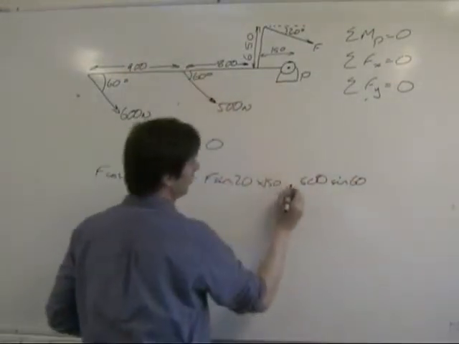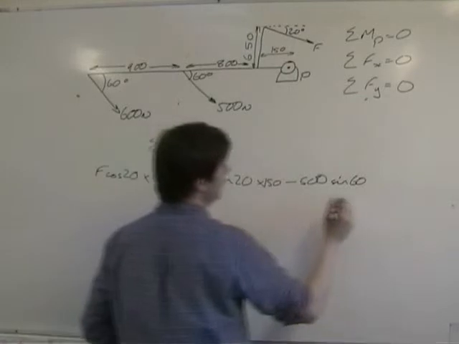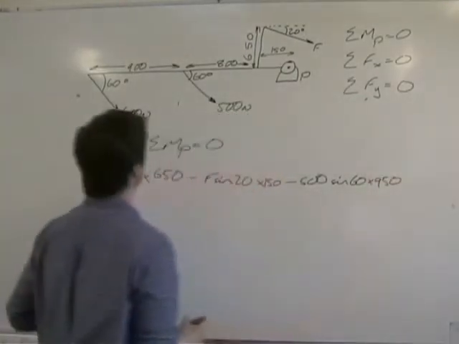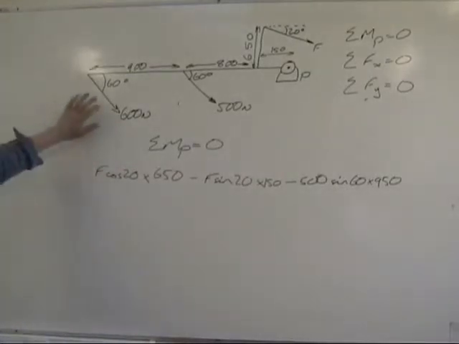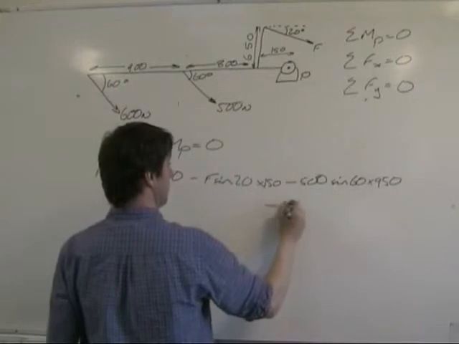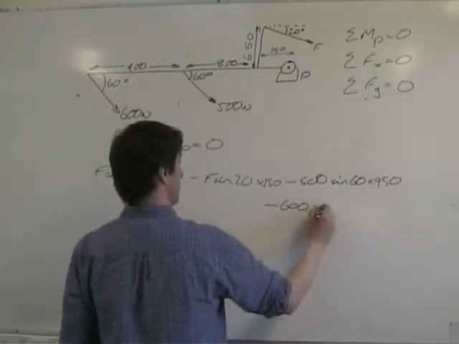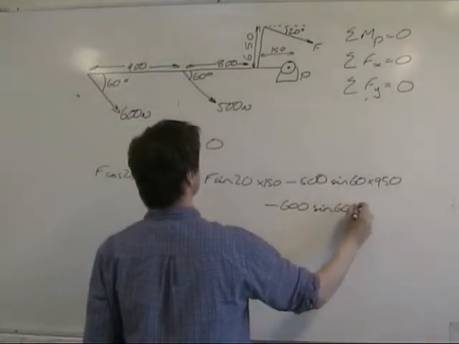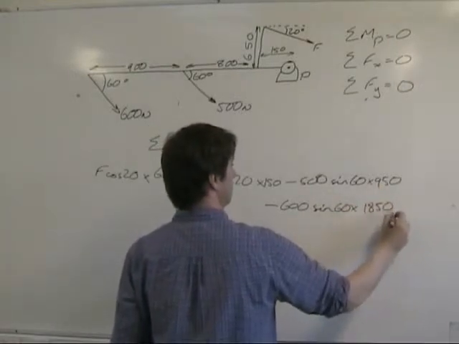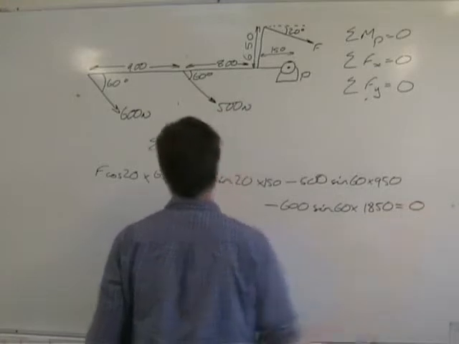It's causing it to spin anti-clockwise, so it's negative, and the distance is 950. Final component comes from the 600 newtons. Again, anti-clockwise, so it's minus 600 sin 60 times 1850. Okay, and all that equals 0.